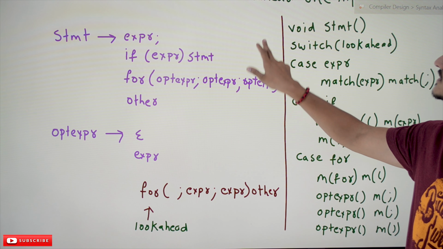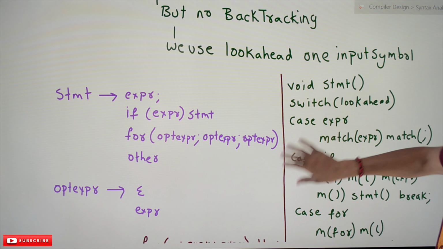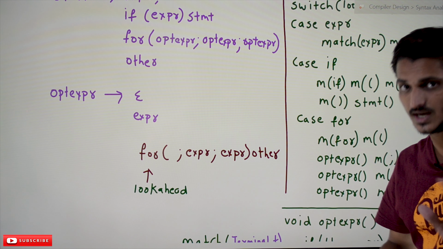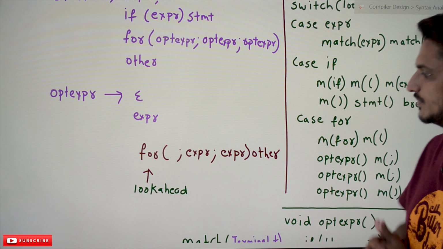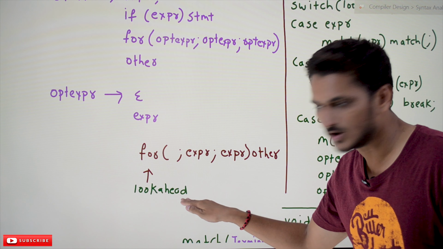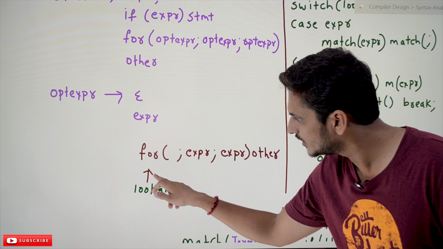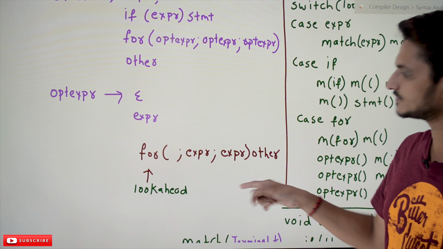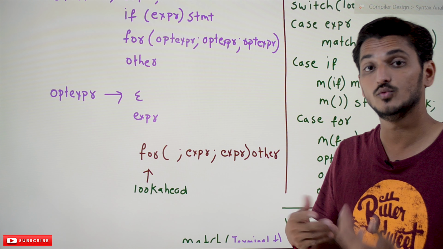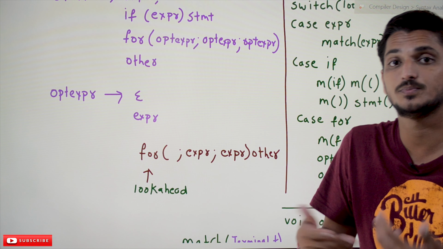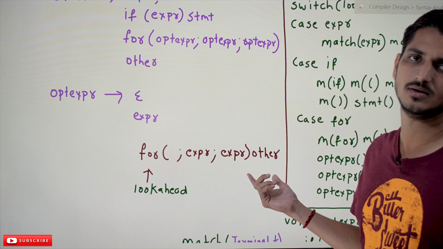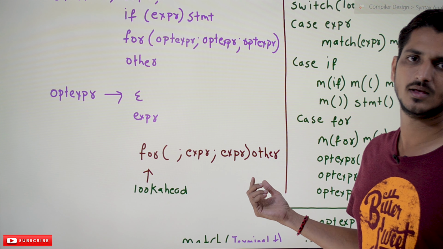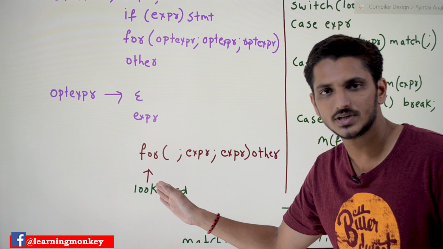We already discussed what lookahead of one input symbol means. Let's try to understand what the lookahead symbol means. We are taking a variable called lookahead. This lookahead is going to point to the first input. This is our input string. We need to check for the loop statement. What's the first input symbol in the loop statement?